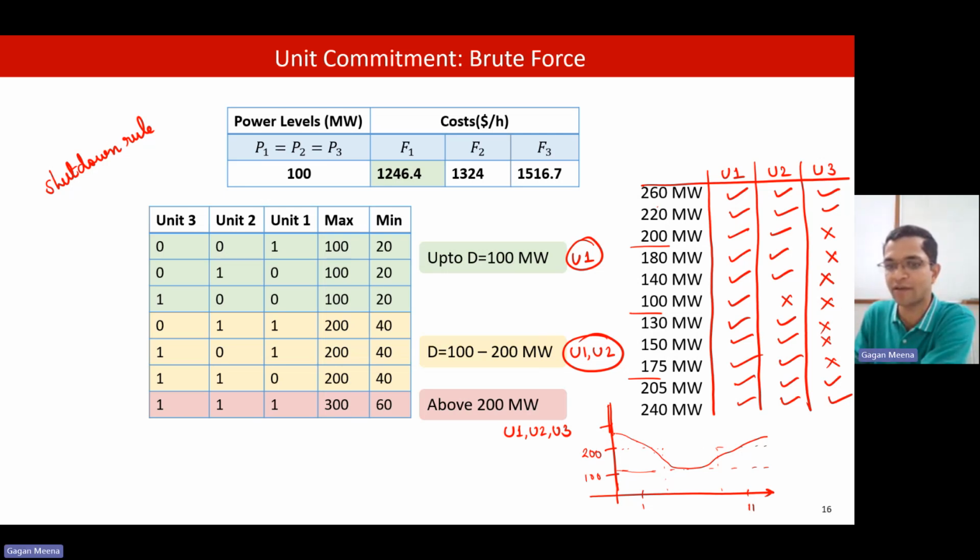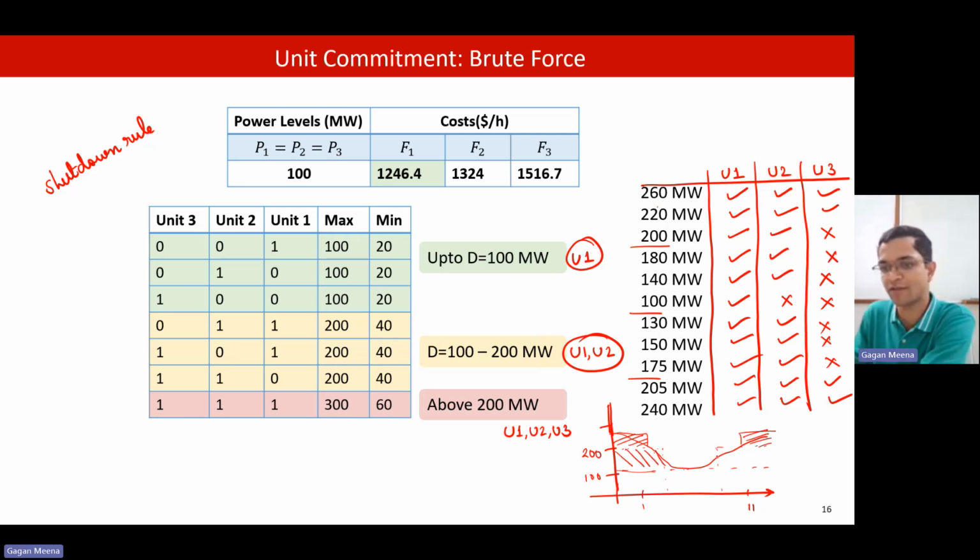Then unit 3 will come only above 200. This will be unit 3. This is roughly how I'm drawing it.